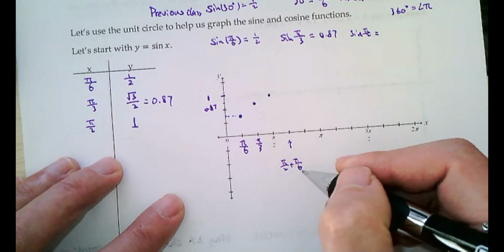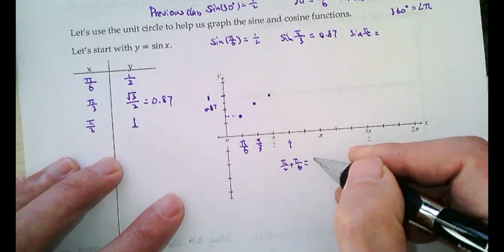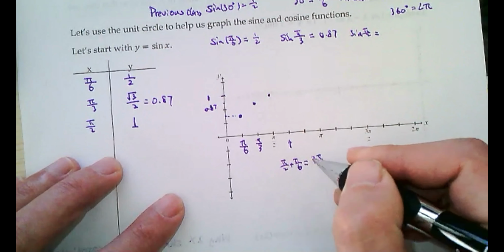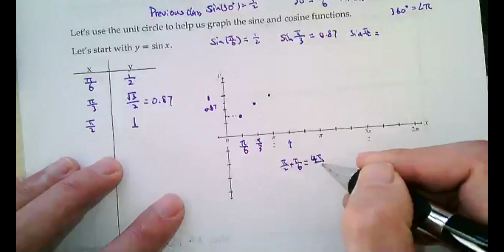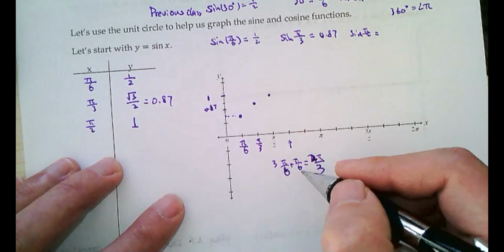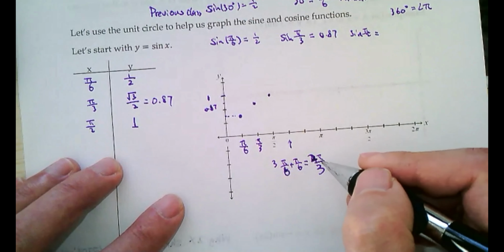Pi over 4? I think it's 2 pi over 3, because this is 3 pi over 6, and 3 pi over 6 plus pi over 6 should be 2 pi over 3.